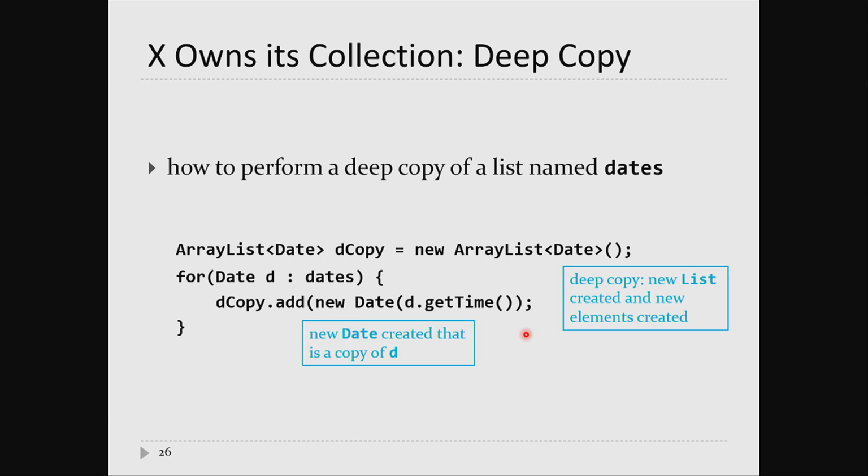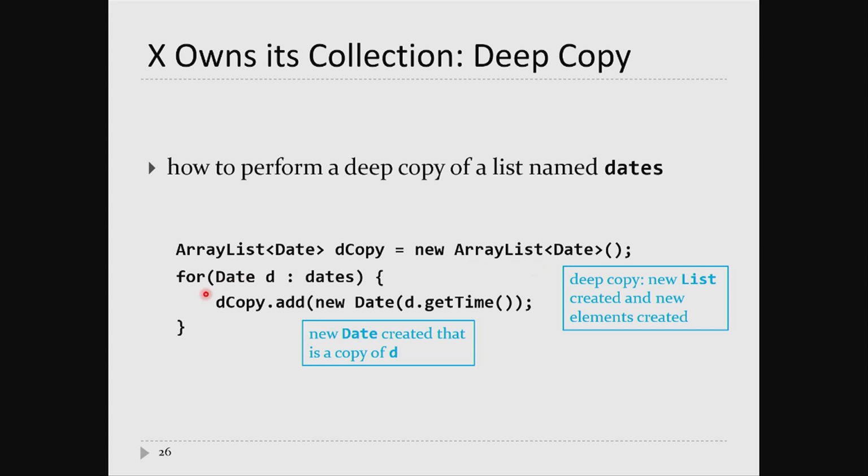Okay, so if you want to deep copy a collection, and your collection is not a collection of collections, so you don't have a list of lists, it's just a list of elements of some kind, then you have to make a new collection. So the deep copy starts by making a new collection. And now you need a loop. There's no method or library method anywhere in the Java standard library that makes a deep copy for you.